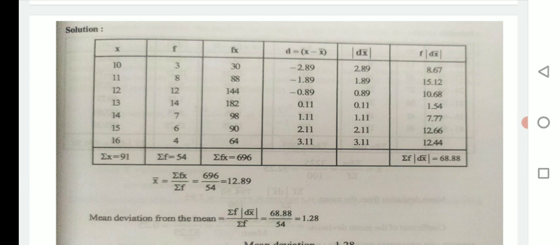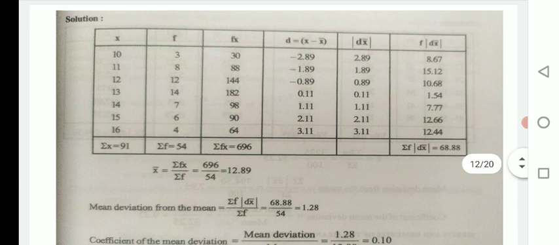The next column you have to find out is d, that is x minus x bar. So first you have to find out the mean, and after finding the mean you can see that in this problem the mean is 12.89. To find d you have to subtract the mean from the individual observation, that is x minus x bar.